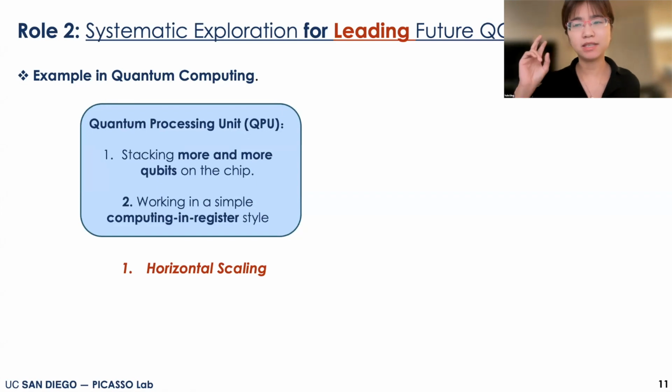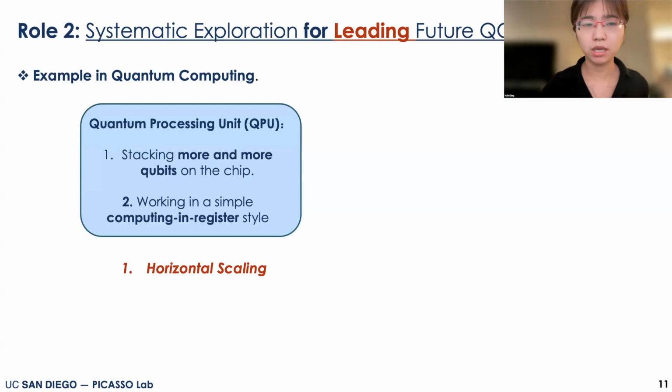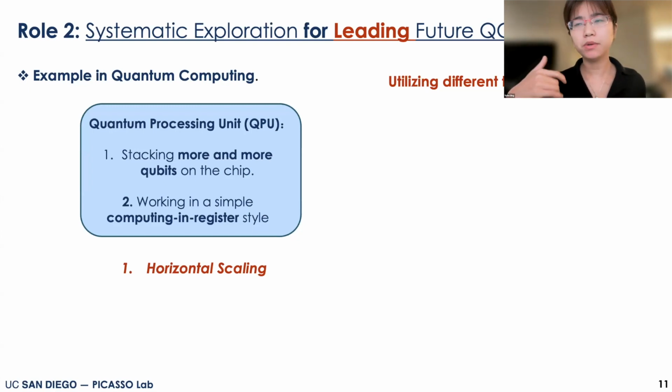We do not have memory, cache, or any disk concept in quantum computing. The qubits are both for storing the information and for the computation itself.